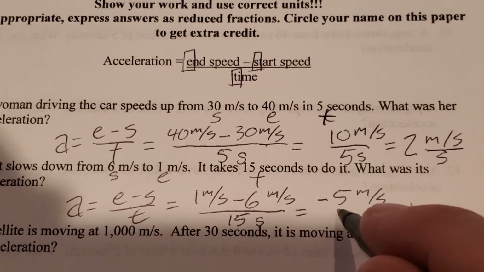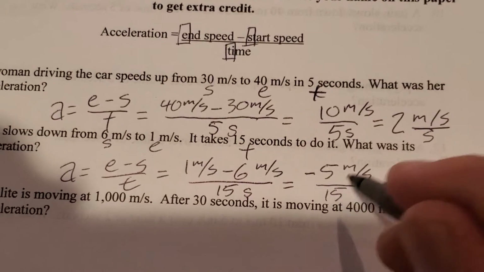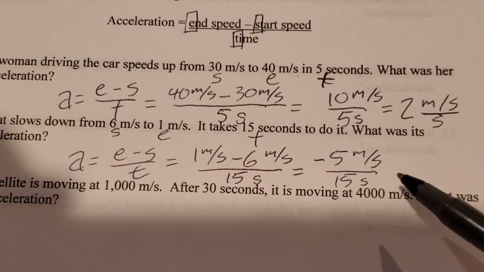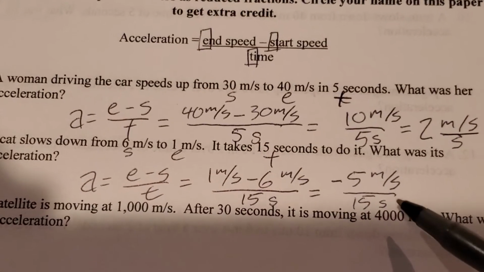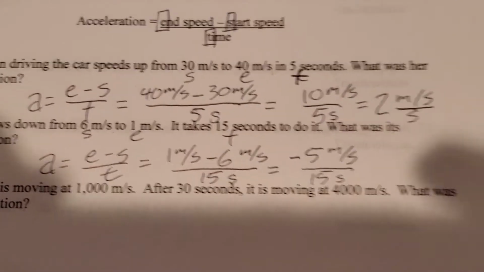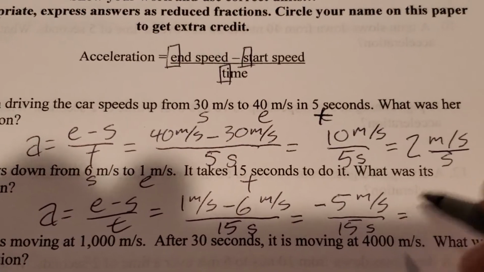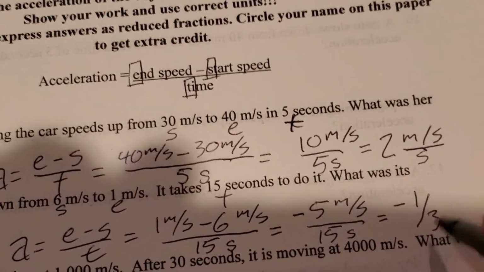And then this is going to be over 15 seconds. Now we have a fraction. If you get a little too excited in your math here, you might think, oh, I know that, that's going to be 3, but it's not. Because we have negative 5 divided by 15. And so that's going to equal negative 1/3.